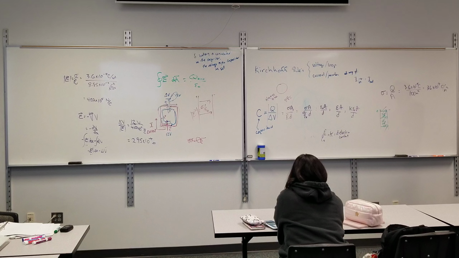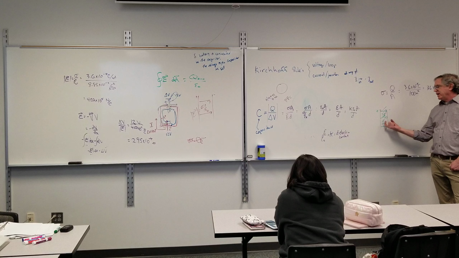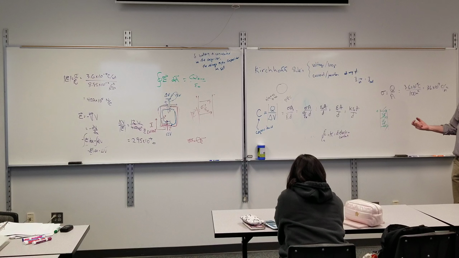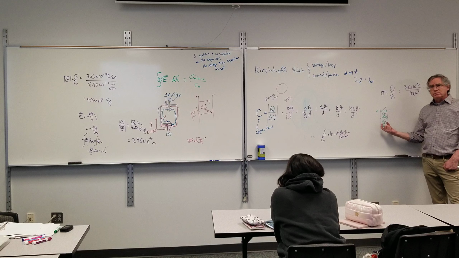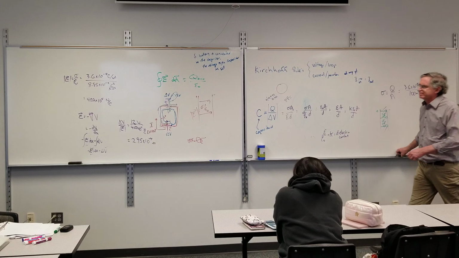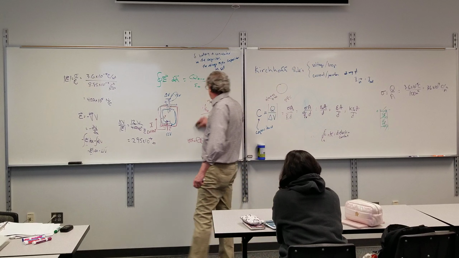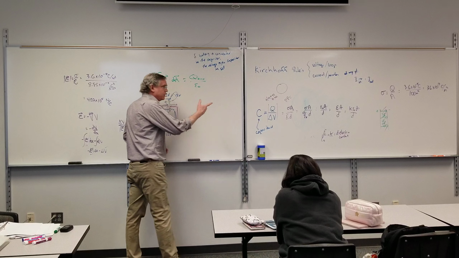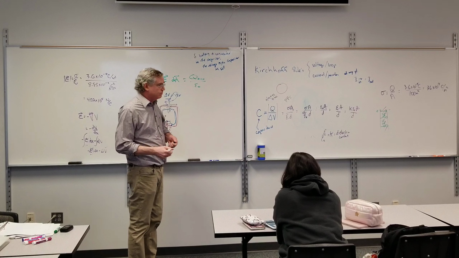If it's hooked to a battery, my voltage stays the same. My electric field inside here, let's see, voltage stays the same, my total electric field will stay the same. Let's go through the steps. I stick the dielectric in there, still connected to the battery.